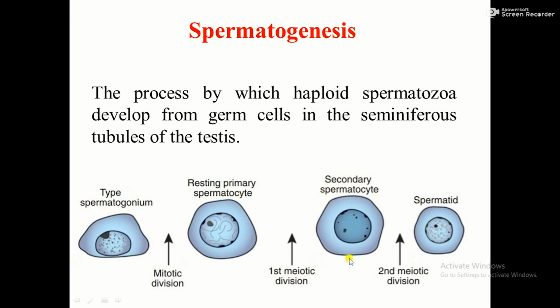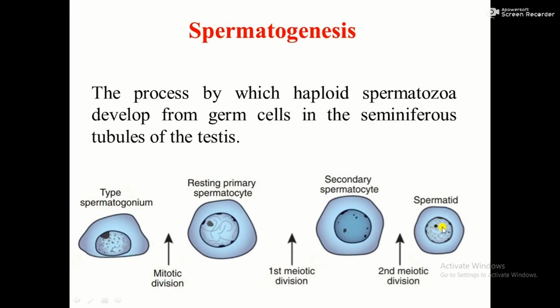This secondary spermatocyte needs to undergo the second meiotic division and will give us a spermatid. This spermatid is a result of the spermatogenesis process. But it is not yet ready for fertilization. Why? Because it needs to develop a head, neck, and tail.